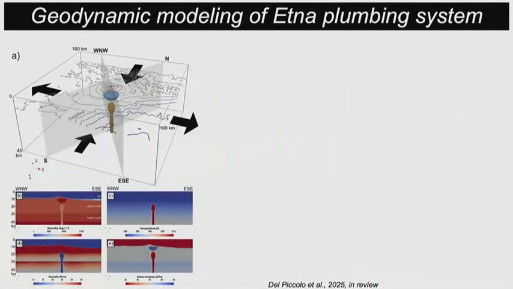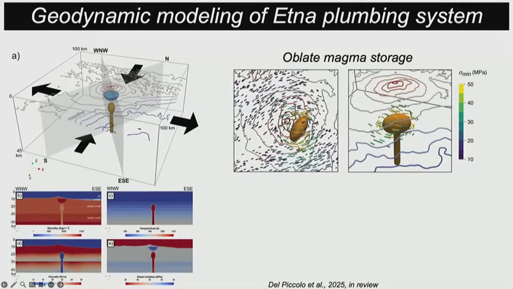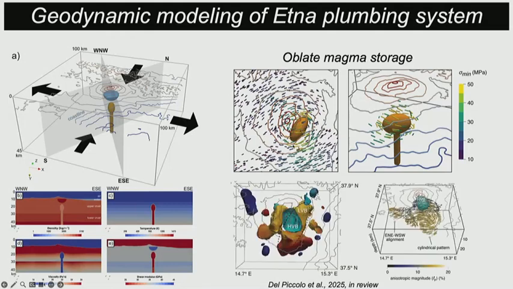The same is obtained if I define an oblate shape of the magma storage, which is also more compatible with the shape of the low velocity body here. You can see that again, if I pressurize this oblate magma storage, I get a circular pattern of the tensile axis.